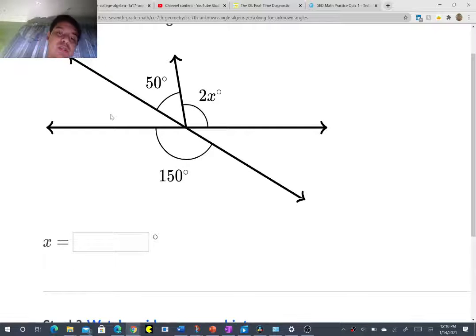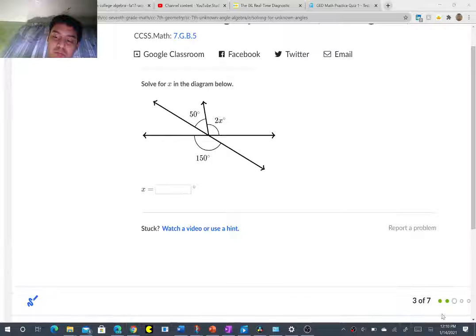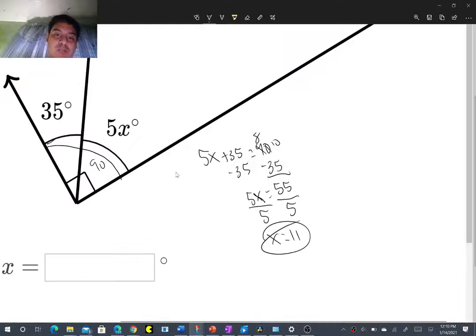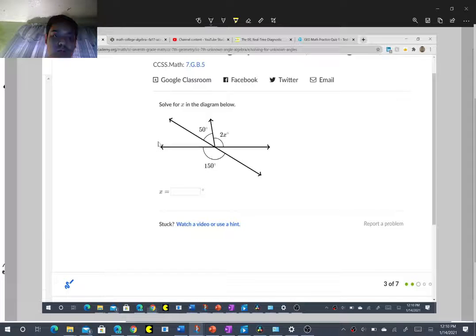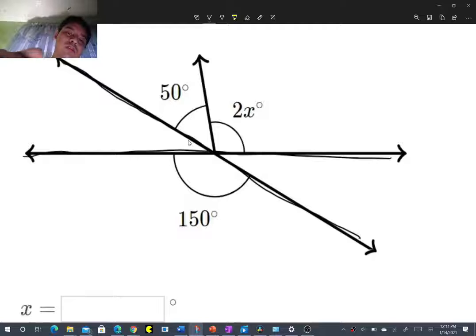Okay, this one, notice that it's kind of a vertical angle, meaning that this side is congruent to this side.